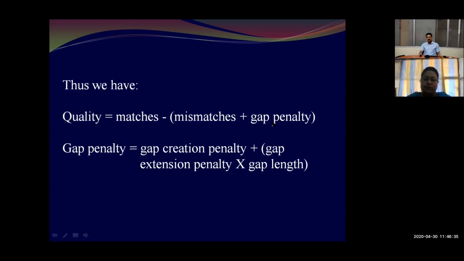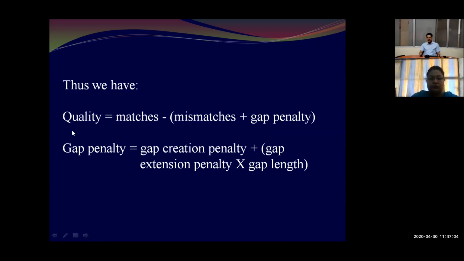If this remains the same, and after creation of the gap matches do not increase, then this score will be 5 again, this will be 1, this will be 3. So 3 plus 1 is 4, and 5 minus 4 is equal to 1. So the total quality will be 1. Therefore, if the gap penalty or gap extension penalty is more, there will be less quality.